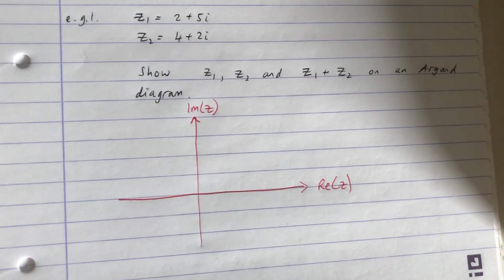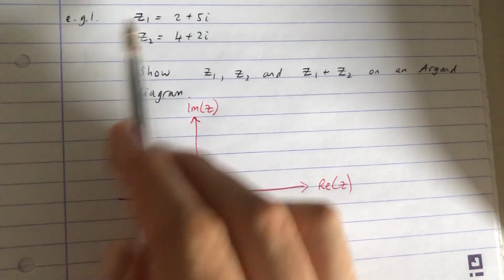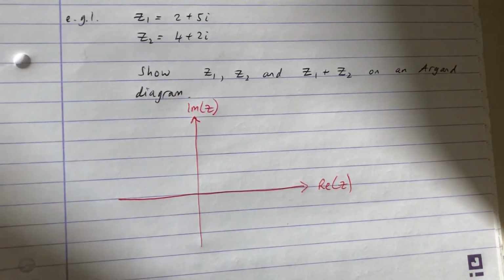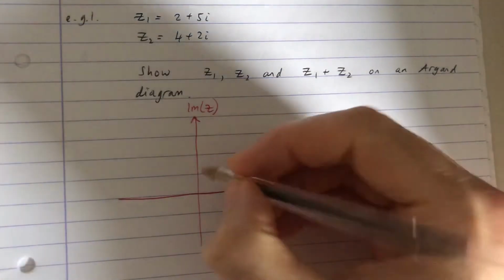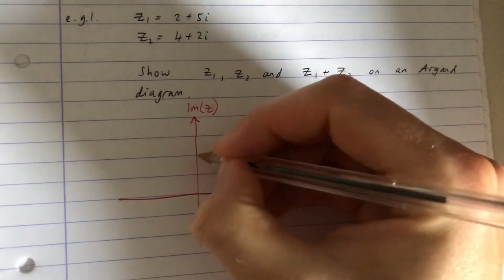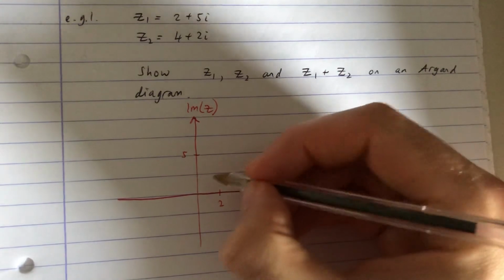It's just the abbreviation. The first one we have to show is Z1, which is 2 plus 5i. You want to think of it a little bit like coordinates, or maybe better to think of it as a vector, 2 across 5 up. So let's just say that's 2, let's just say that's 5.